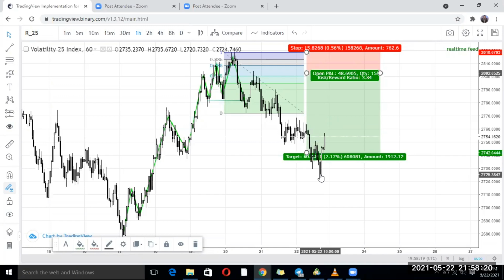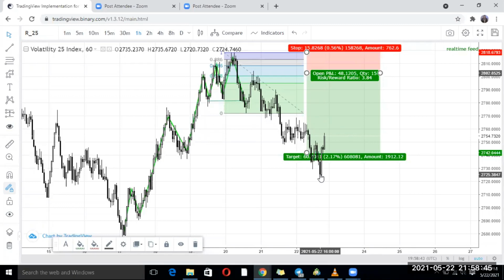Just identify in any time frame you're trading, but make sure, like we always say to our guys, I think my mentees know that we always look out for the daily bias. That's the higher time frame bias. Is it a sell? If it's a sell, that means today I'm looking for a sell on this asset. If it's a buy, I'm looking for a buy on this asset, right?